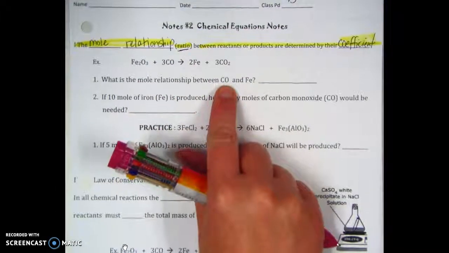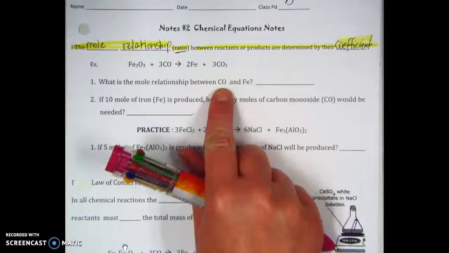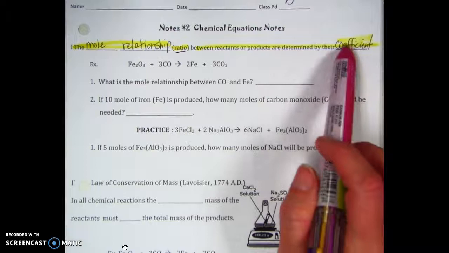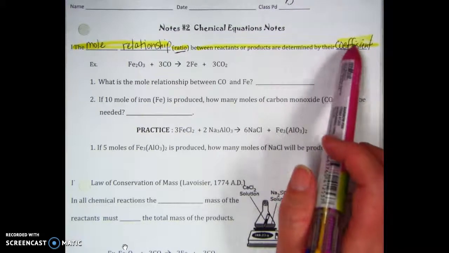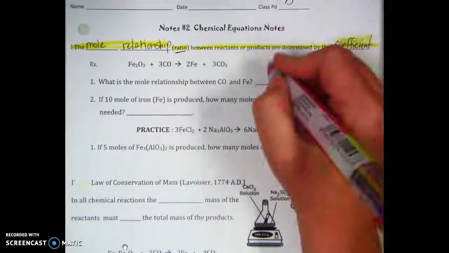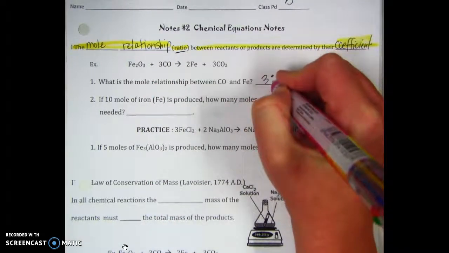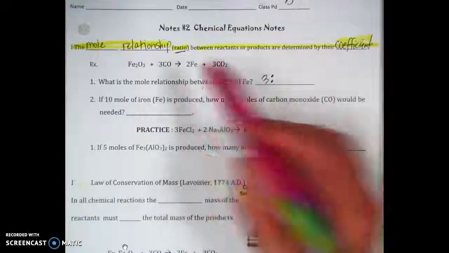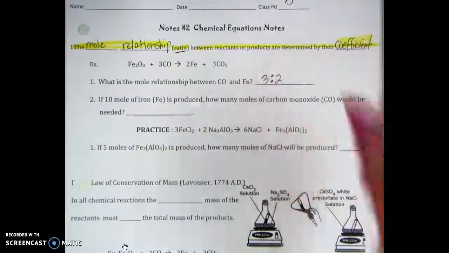So, what is the mole relationship between carbon monoxide and iron? How many moles of carbon monoxide is there? 3. Carbon monoxide, there's a 3. So, remember we write ratios like that. How many irons are there? 2. So it's a 3:2 ratio.